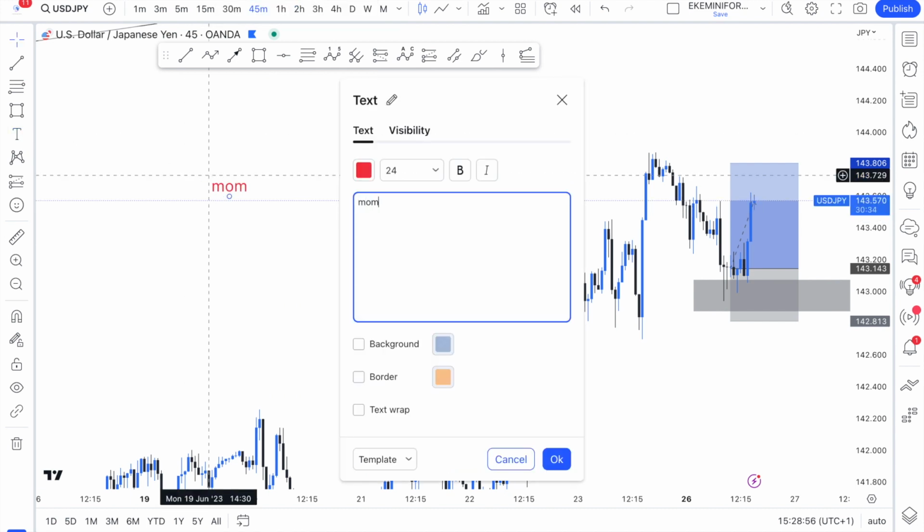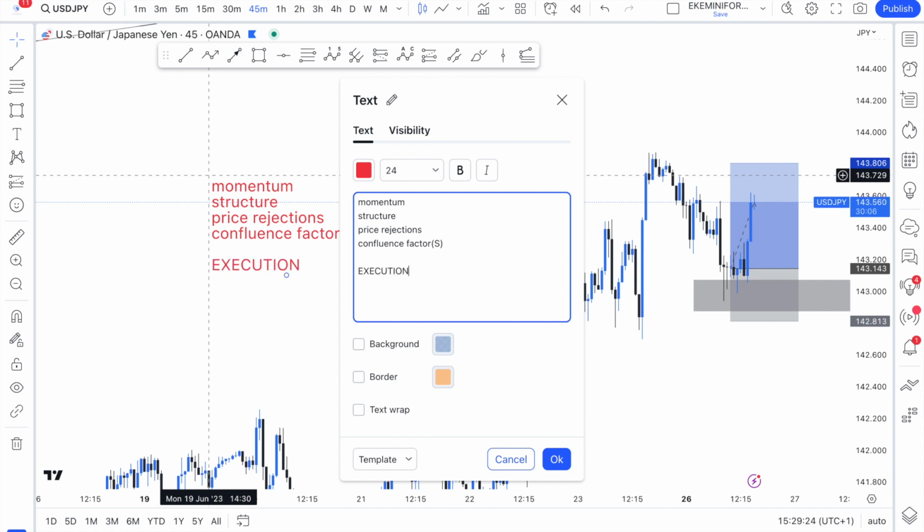I looked for momentum, then structure, then price rejections, then confluence factors, and then execution. So these were all the things I looked at, and this is how I trade.